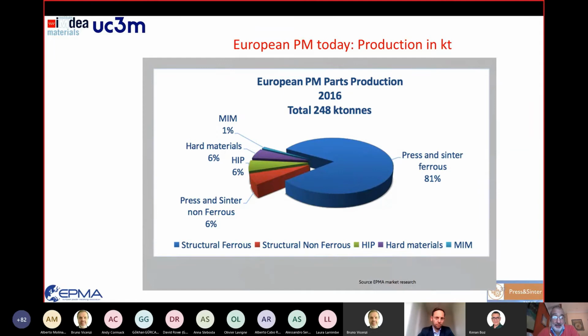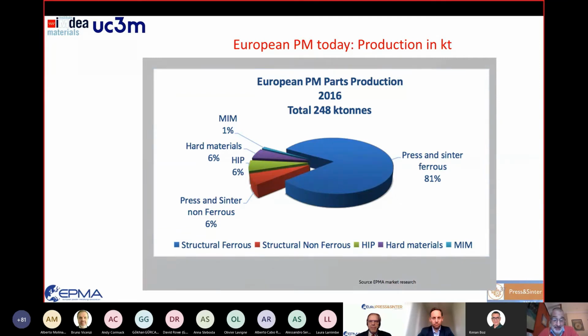In Europe, just 1% of the parts were produced by metal injection molding. Materials produced by hot isostatic pressing are in the order of 6%. Hard materials, which combine press and sintering with other methods like metal injection molding or hot isostatic pressing, are in the order of 6%.